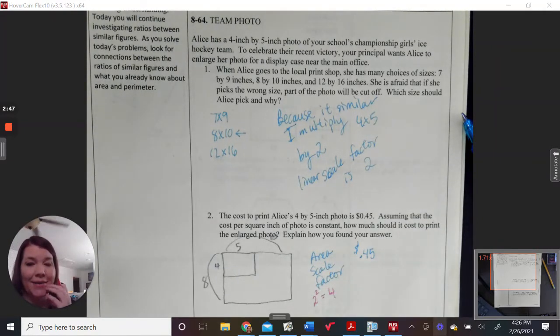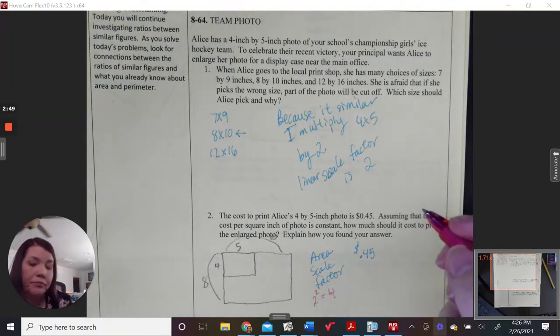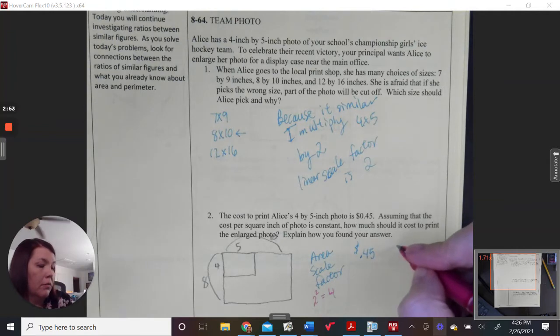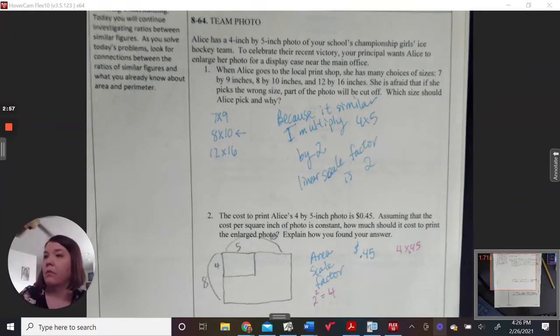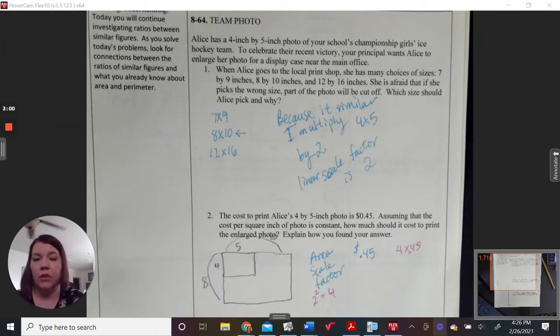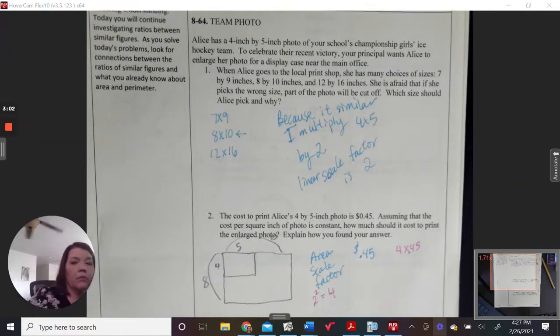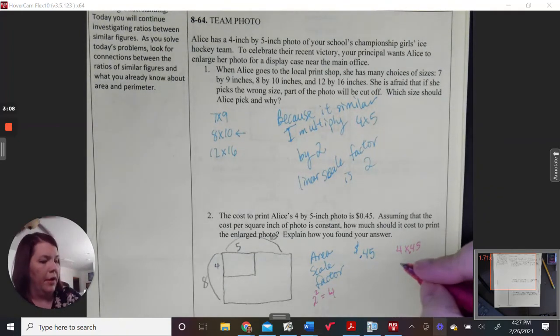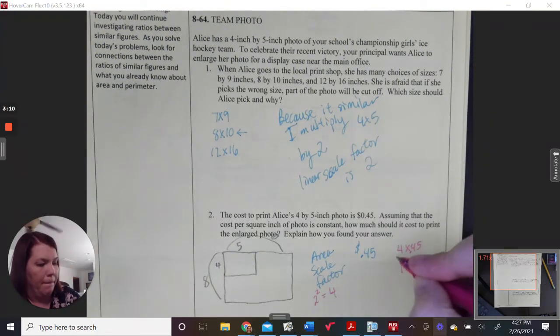And so how much will it cost? So 4 times 45 cents should be just under $2. Calculator's way far away. So $1.80. Okay.